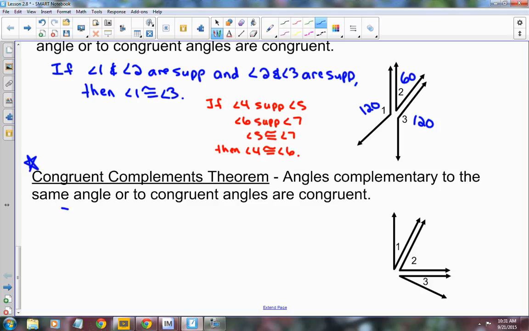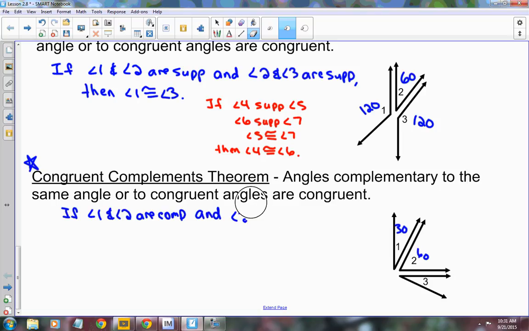Basically, if angle 1 and angle 2 are complementary, let's give those values. Let's say this is 30 and this is 60. And angle 2 and angle 3 are complementary.